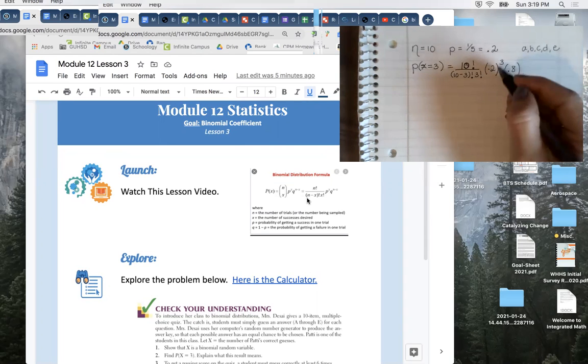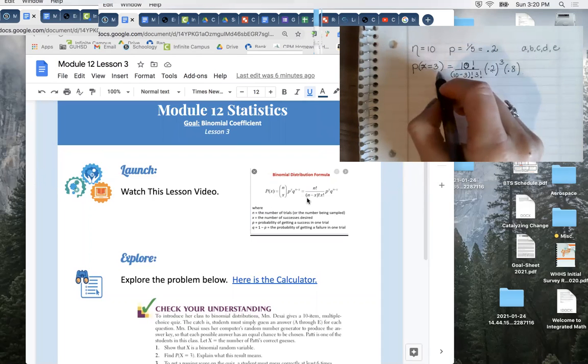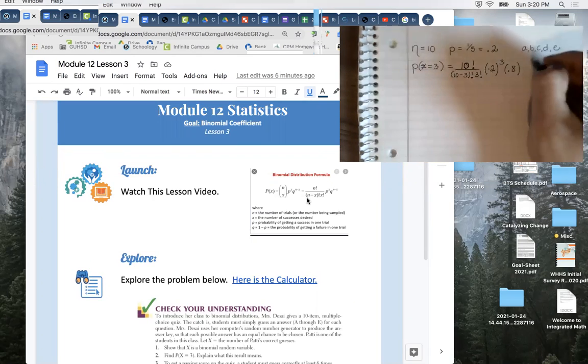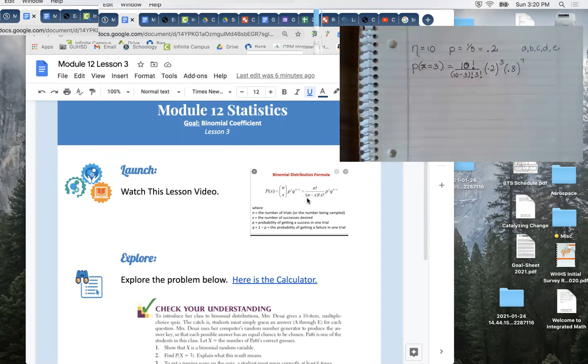So this makes sense. You have 3 that she got correct, and you have n minus 3, which would be 10 minus 3, so 7 that you got wrong. 3 correct, 7 wrong, because that's the probability of incorrect.